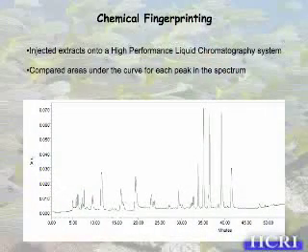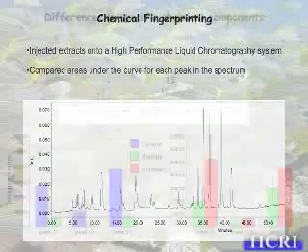So we injected our extracts into an HPLC, which is a chromatography system that allows you to separate the individual components of a complex mixture. So each of these peaks represents an individual chemical molecule. And we compared the areas under the peaks for each peak in the different spectra of our different corals to see whether we can detect any differences.